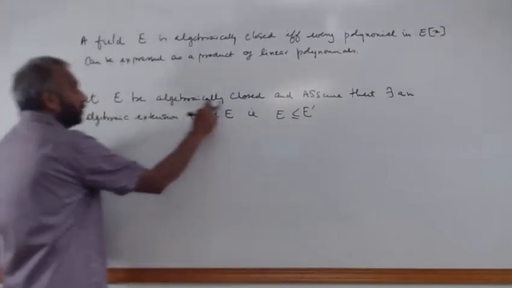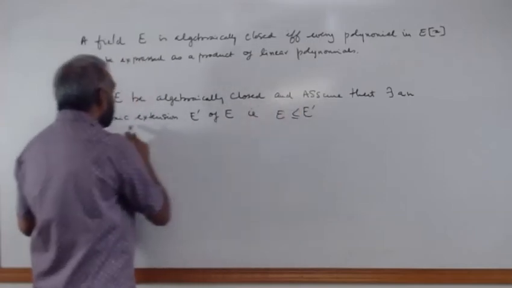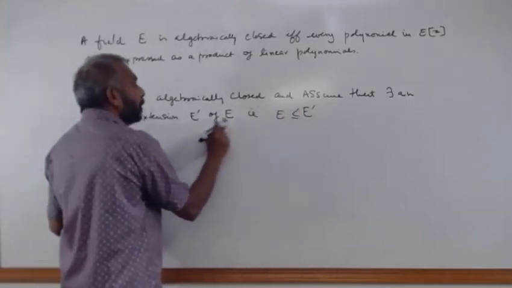E is algebraically closed, and we are assuming that there exists an algebraic extension E prime of E.